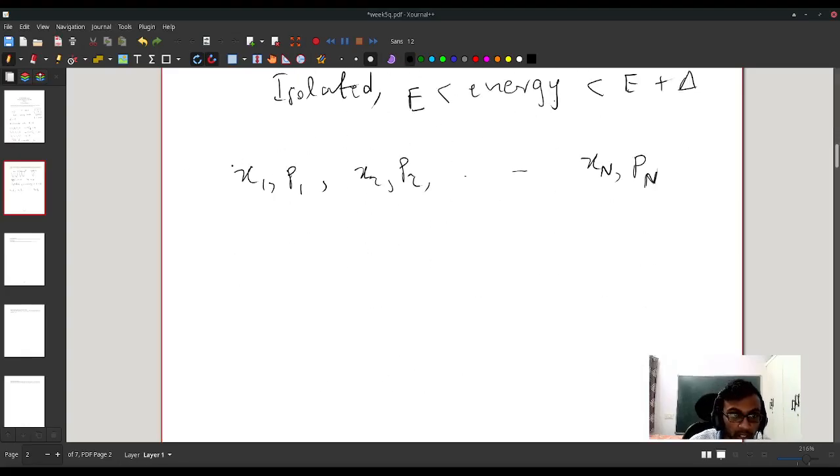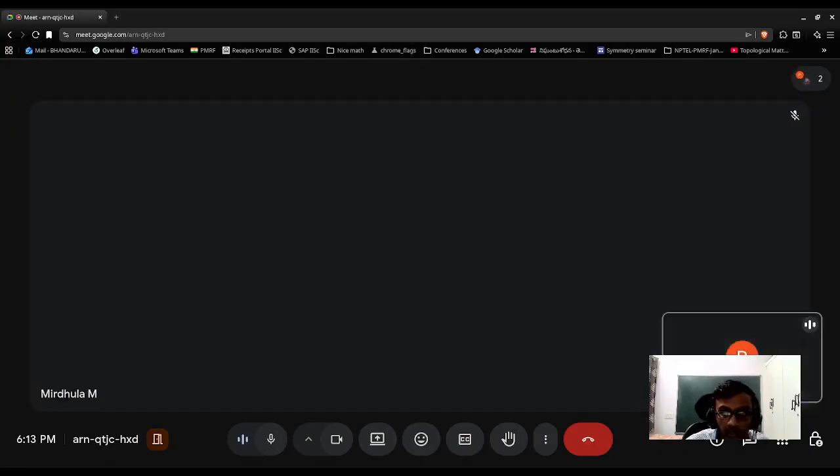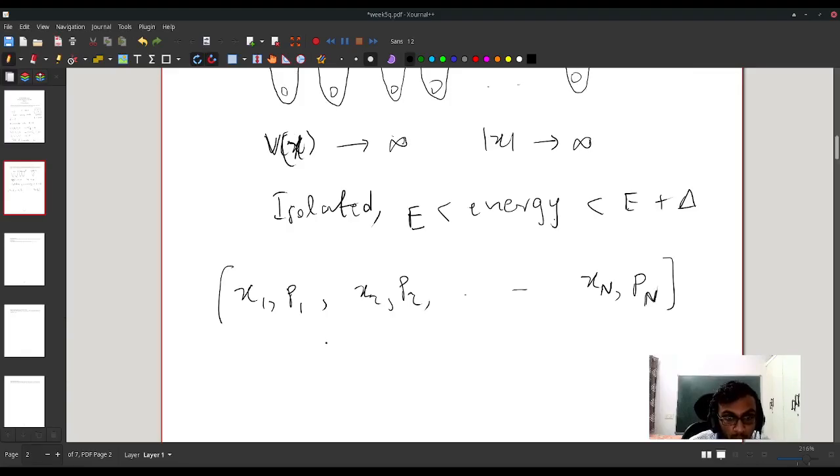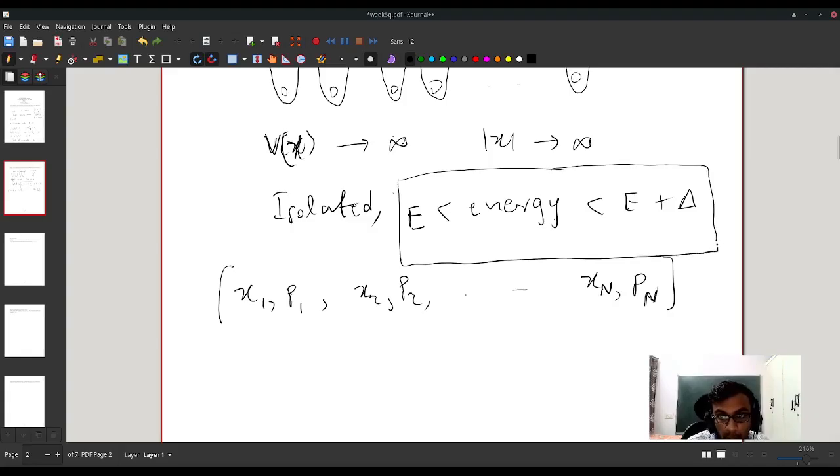Anyway, these are the phase space variables, and we can ask what is the volume of the region in the phase space defined by the statement that the energy of the system is in between some window.